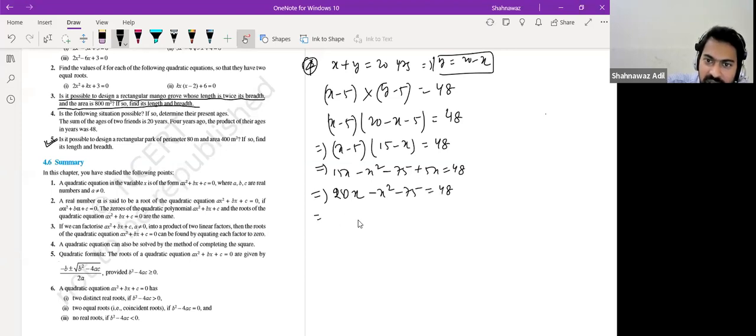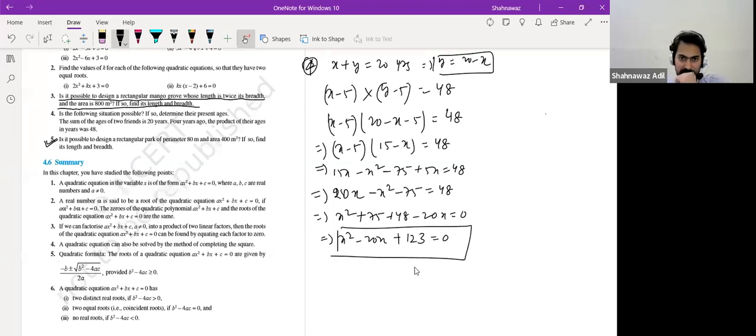So x square plus 75 plus 48 minus 20x. Okay, this is a huge number. So this is x square minus 20x and 123, right? So this we will do in the next question. Okay, guys.